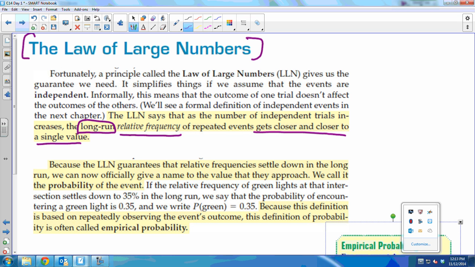So remember how I said that's how you get the 50% heads, the 1/6 on the die? That's where we get those probabilities, and that's what we call empirical probabilities, all right? Because over time, if you kept doing the same action over and over and over again, those probabilities get closer and closer to a single value, a single percentage, all right? That's what that's called, the law of large numbers. That's something in the long run, so make sure you know that's in the long run.